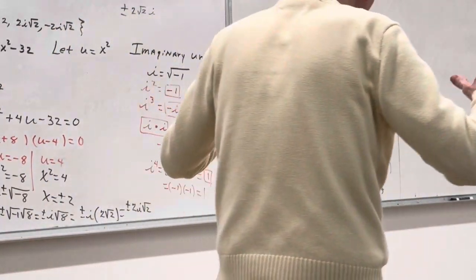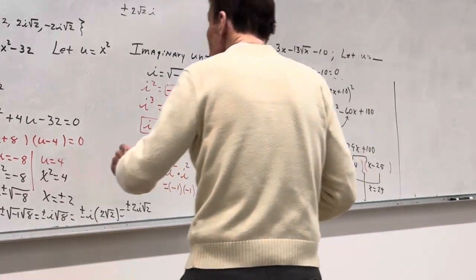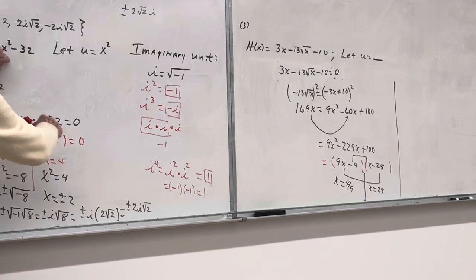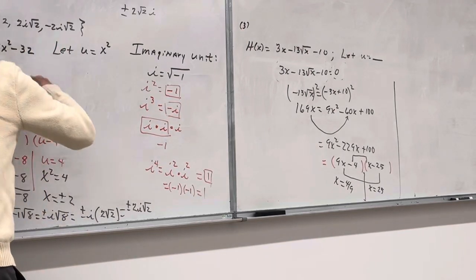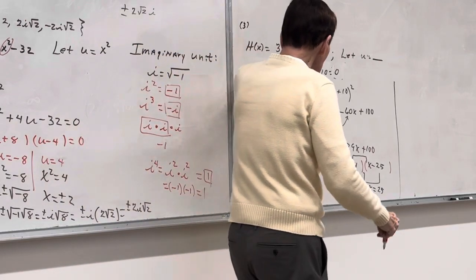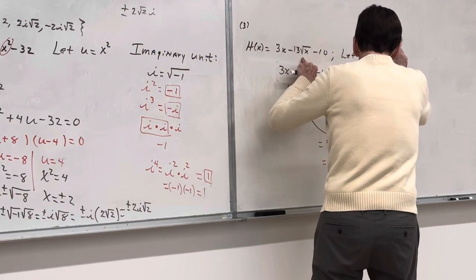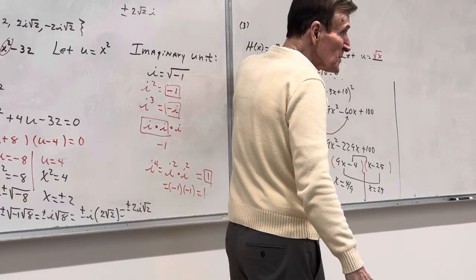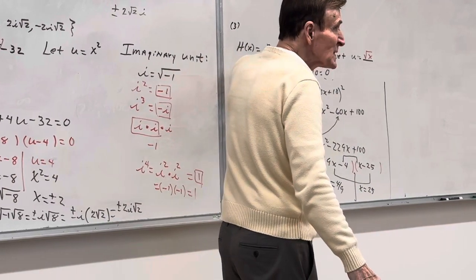Who thinks they know what the u would have to be? Back here, the u was, where was it? x squared. It's usually the middle. What's in the middle on this one? Square root of x. Now watch what happens. 3x, you said, Professor, you get crazy on me.